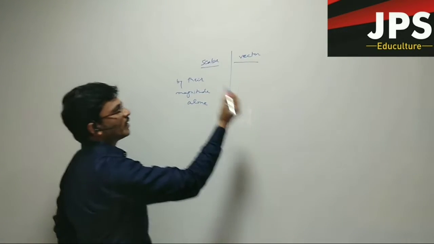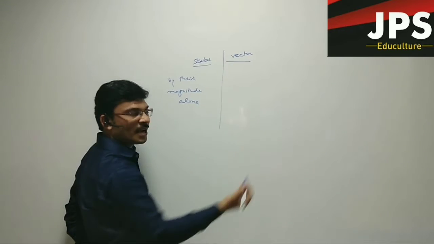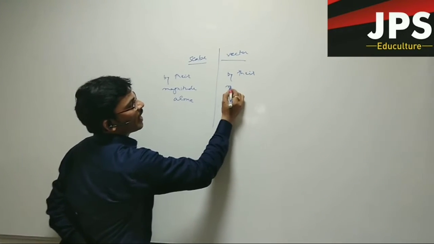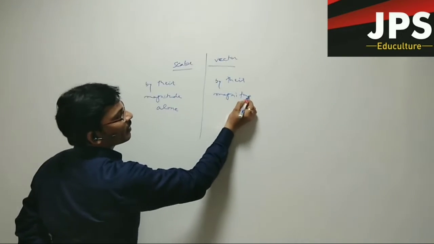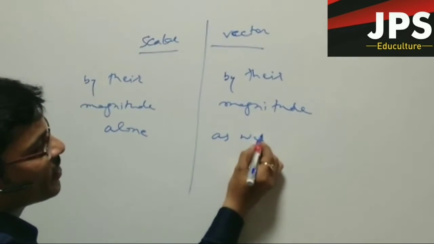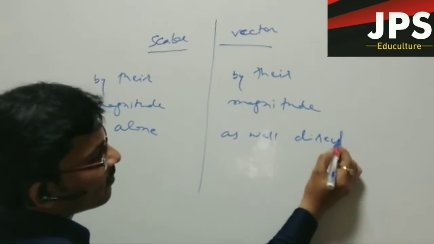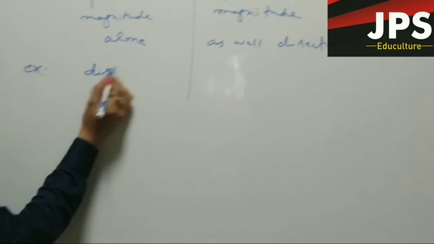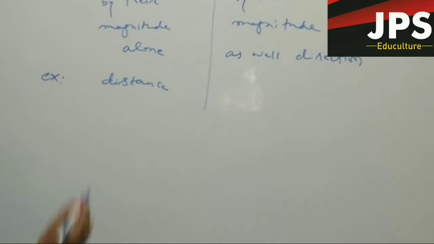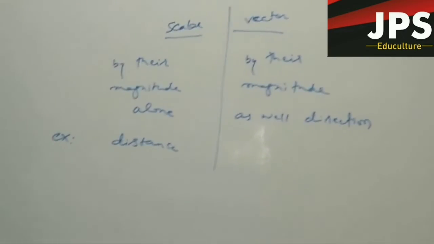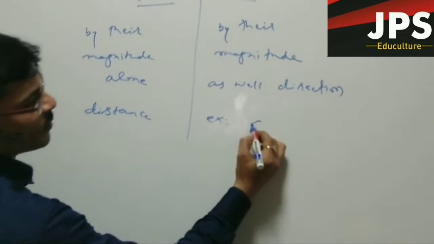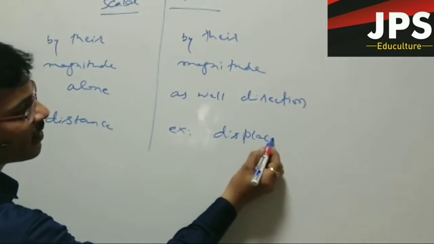But vector quantities can be described by their magnitude as well as direction. For example, distance is a scalar quantity as we have not considered the direction in distance, and displacement is a vector quantity.